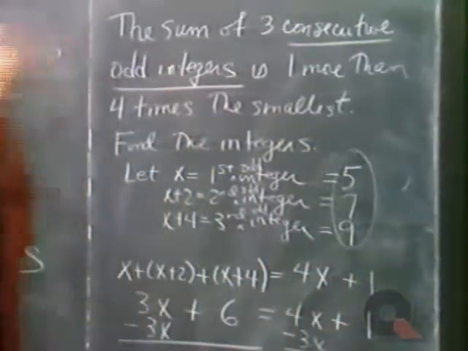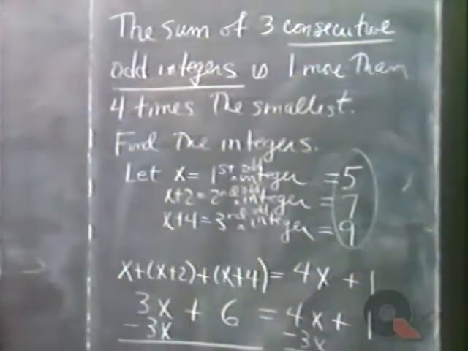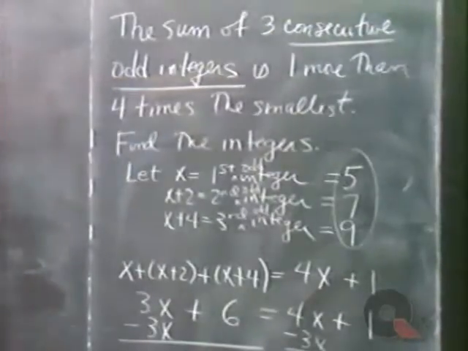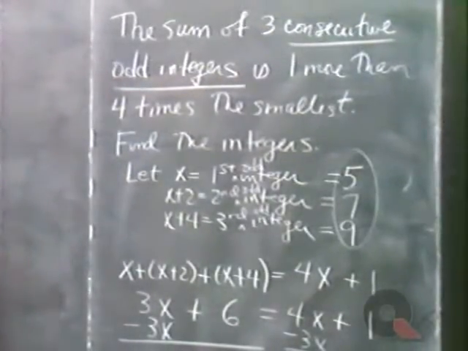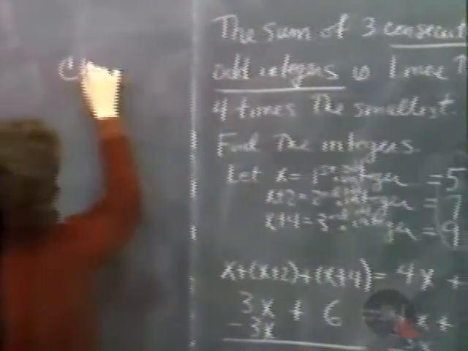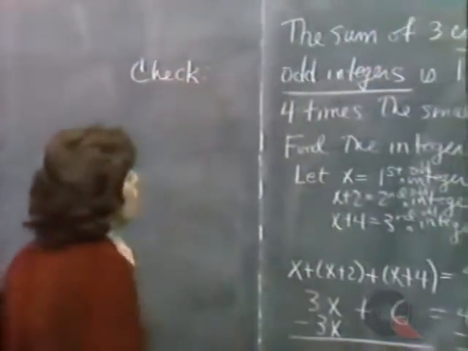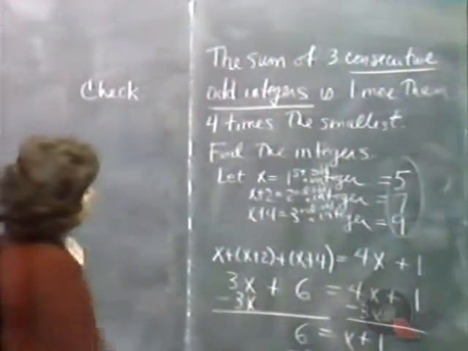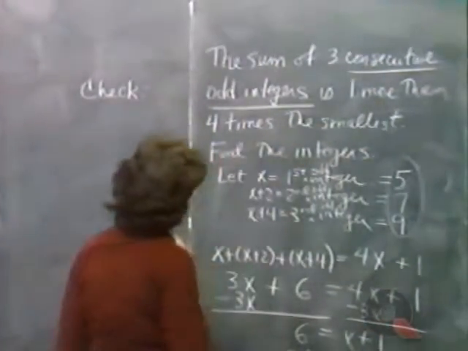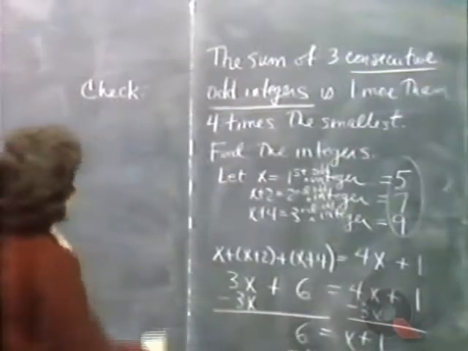Okay, we're going to check in the words of the problem. For our check, we want the sum of 3 consecutive odd integers to be 1 more than 4 times the smallest.